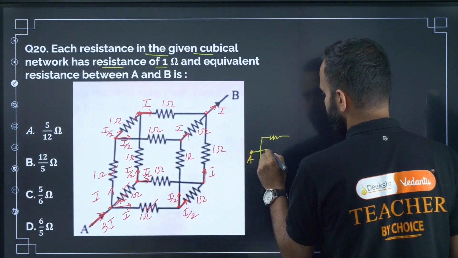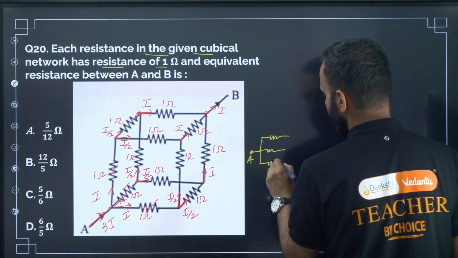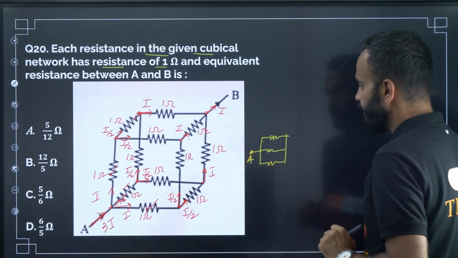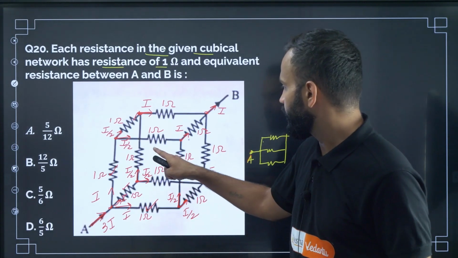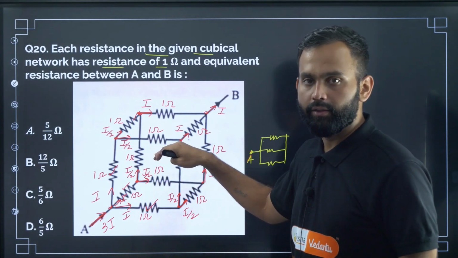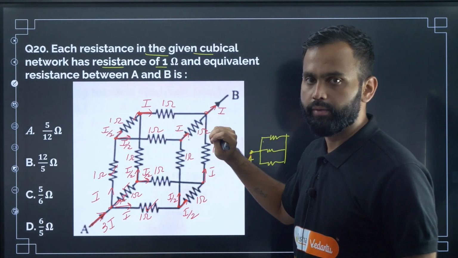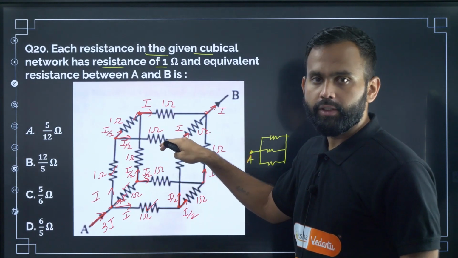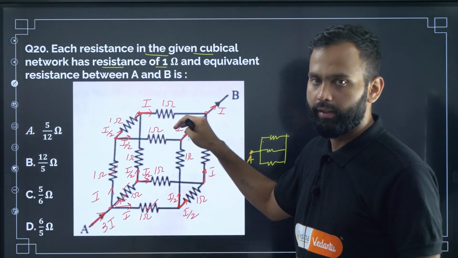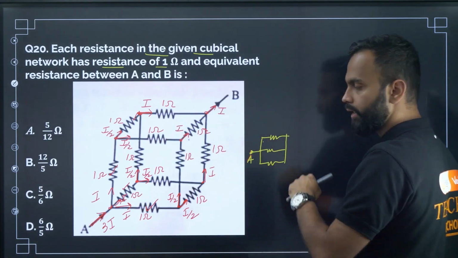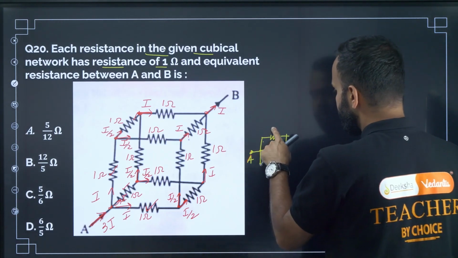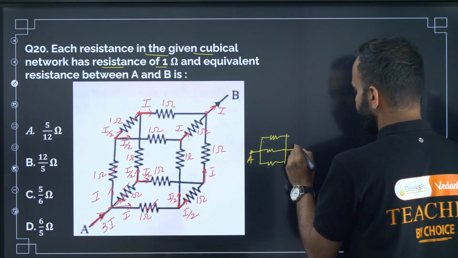So 1 ohm, 1 ohm and 1 ohm. Now there are 6 resistors and the current through those resistors is I by 2. So the potential difference across each resistor is the same. So all 6 resistors are in parallel, but they are in series with these 3 resistors, right?